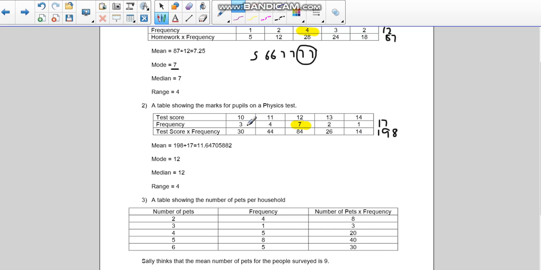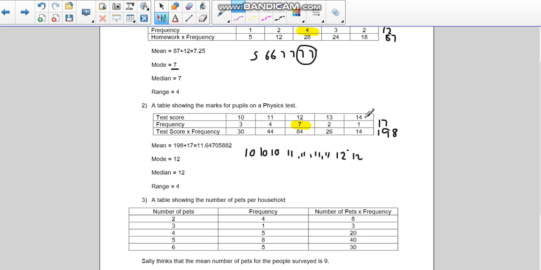I would have 3 10s, and then I'd have 4 11s, so that's 7 numbers so far, and I'm looking for the 9th. So then I've got 7 12s. So I've got 1, 2, 3, 4, 5, 6, 7, 8, 9. The 9th piece of data is 12, so the median's 12.